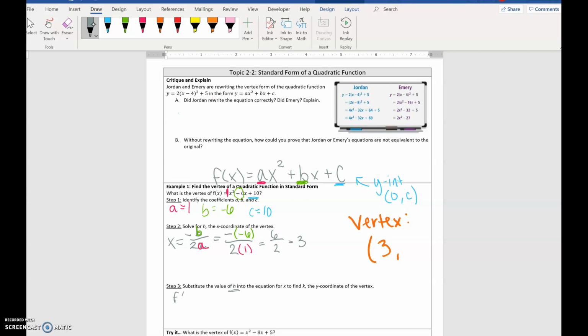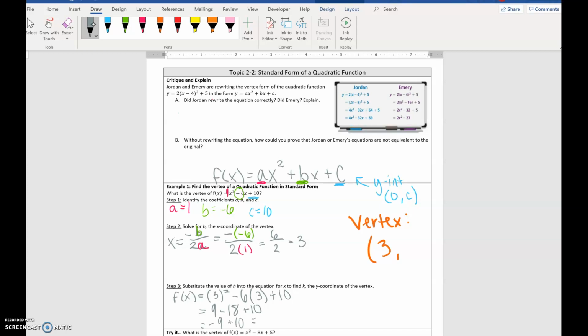So f of x equals our x value, which is 3 squared. I'm going to erase this line here to get it out of the way. -6 times, again, our x value of 3 plus 10. And then we're going to simplify and solve. So 3 squared would be 9. 6 times 3 would be 18, so -18, and then plus 10. And if we do that, 9 minus 18 would be -9, and then plus 10.